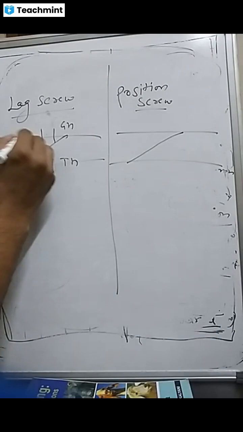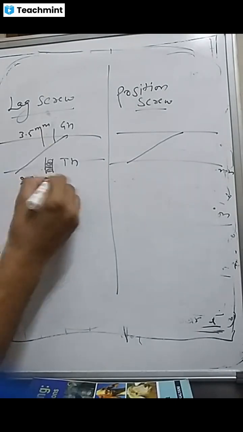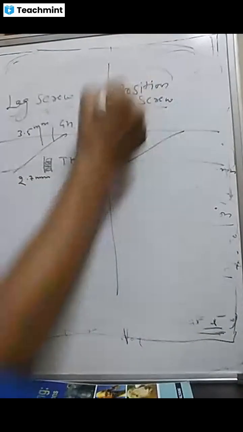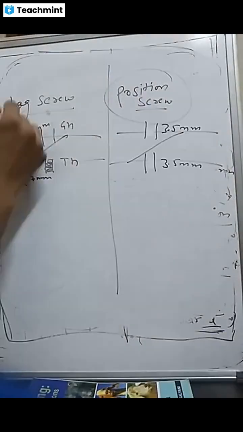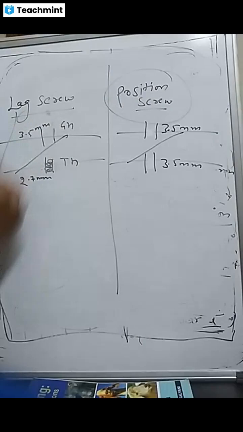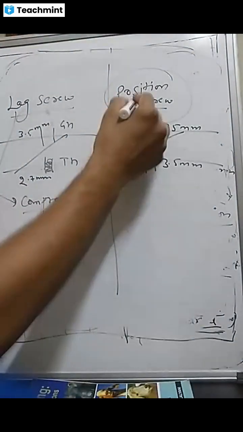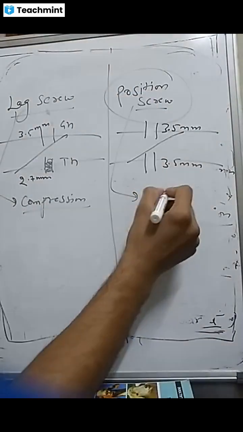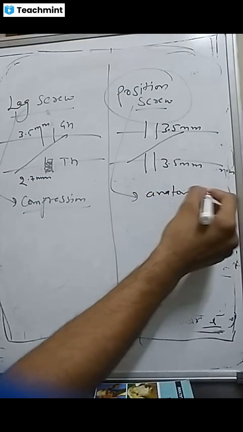Suppose the hole in the trans cortex. When will anatomical alignment occur?